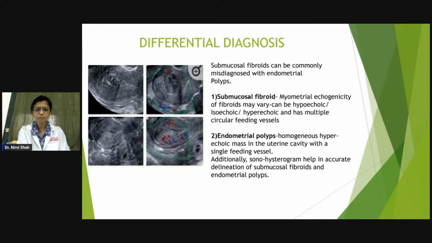It is homogeneous and hyperechoic with a single feeding vessel. Whereas a submucosal fibroid has circular feeding vessels and is hypoechoic. Okay. So in differential diagnosis, one is pedunculated fibroid with adnexal mass and one is submucosal fibroid with endometrial polyp.